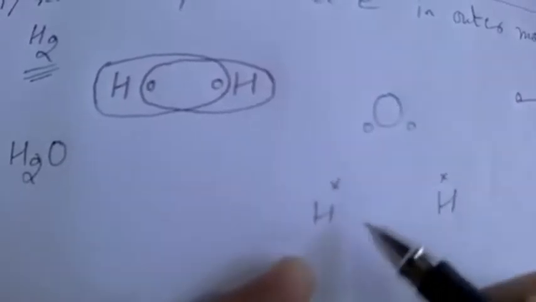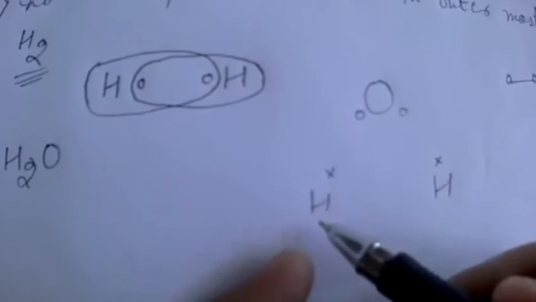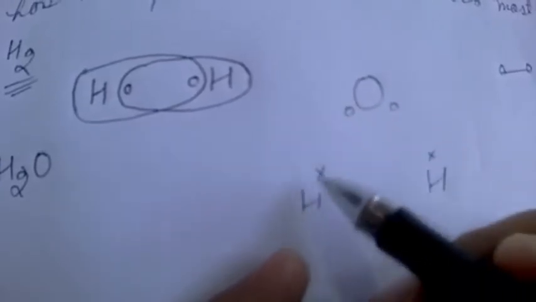We can't draw 4 or 5 electrons towards this side, otherwise it will be a problem, because the oxygen circle should have 8 electrons and the hydrogen circle should have only 2 electrons. If we draw 2 electrons towards this side, then we are not getting the proper electronic configuration for hydrogen, because otherwise hydrogen would have 3 electrons.